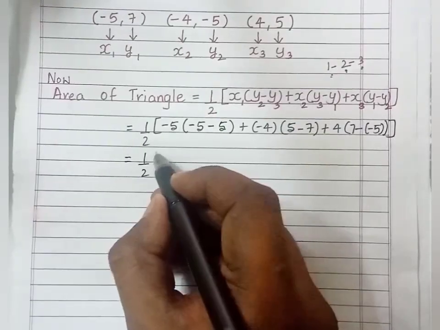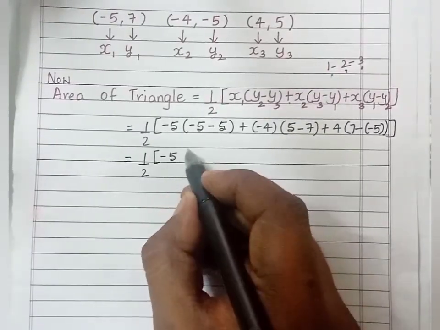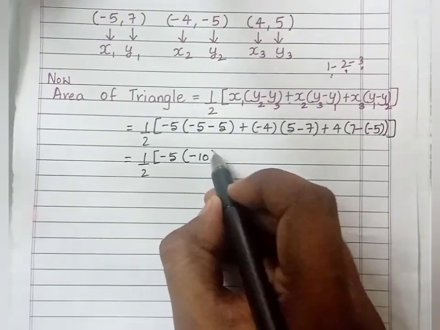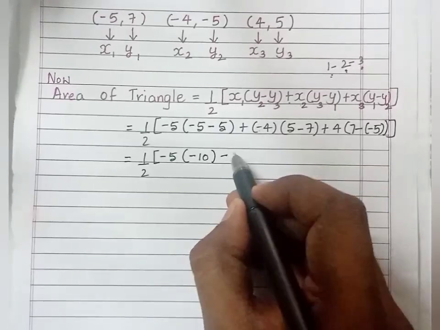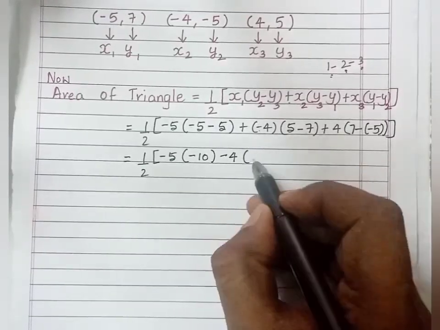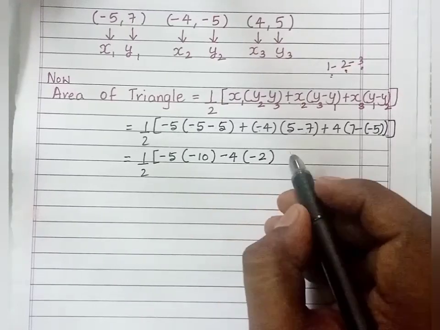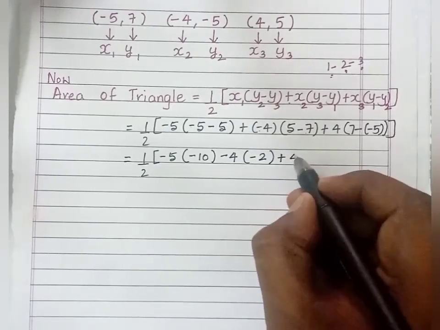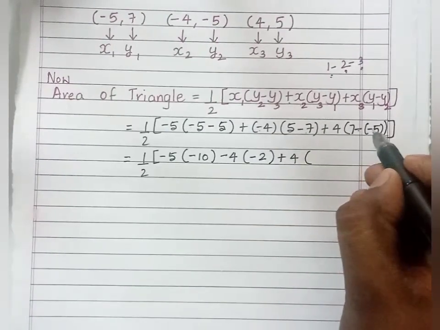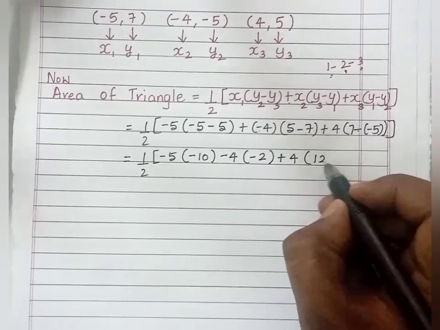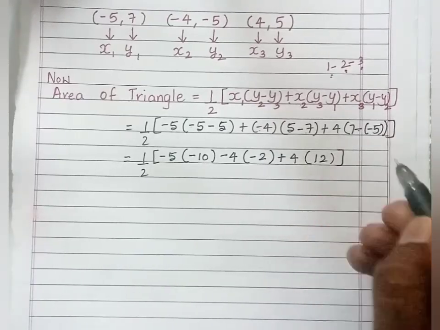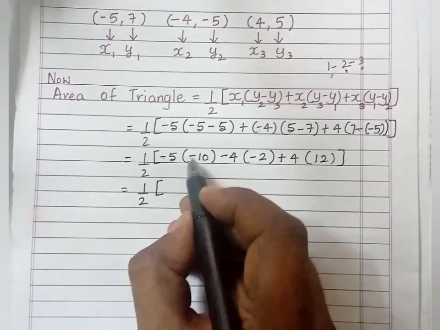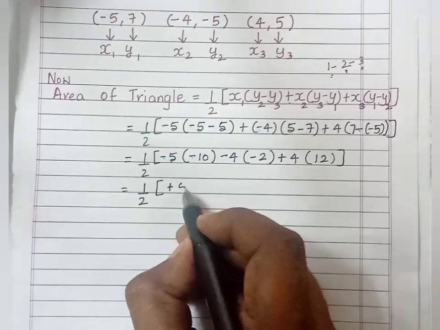Now half into minus 5 as it is. When you are adding two negative numbers, add them and put minus: 10. You will get minus 10 plus into minus 4. 5 minus 7 is minus 2 plus 4 into 7 plus 5 is 12. Now multiplying two negative numbers, minus into minus is plus, 5 tens are 50.